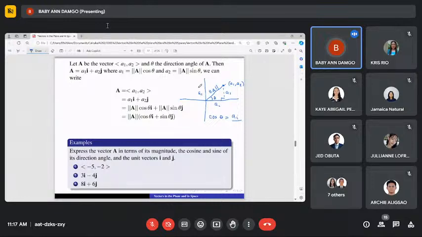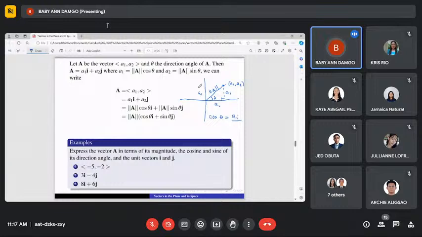Okay, so what if we're given this one? So we have, let me write it, A is equal to the magnitude of A times cosine theta i plus sine theta j.